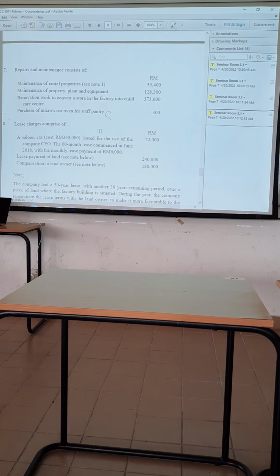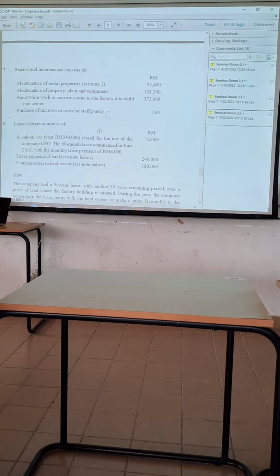The next one is purchase of a microwave oven for the staff pantry. The cost is 300 ringgit. So we call this a small value asset, SVA. I have a question: what is the treatment for small value asset? There are two treatments.